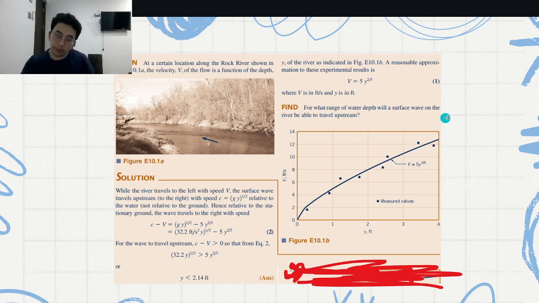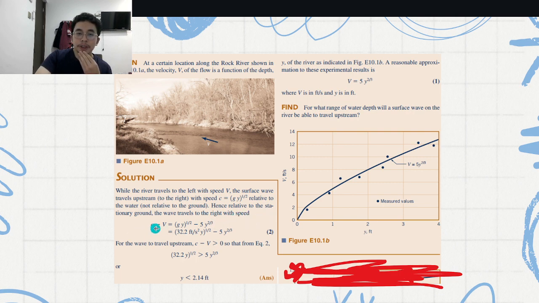Okay, so the question asks, for what range of water depth will surface waves on the river be able to travel upstream? The solution is: while the river travels to the left with speed V, the surface wave travels upstream to the right with speed c equals the square root of g times y, relative to the water, not relative to the ground.